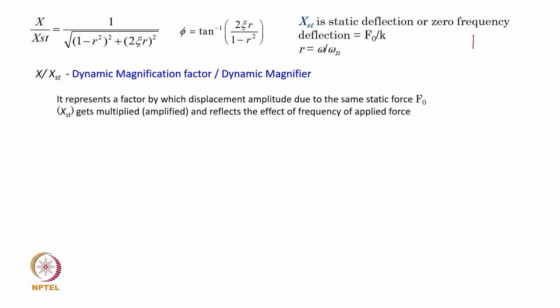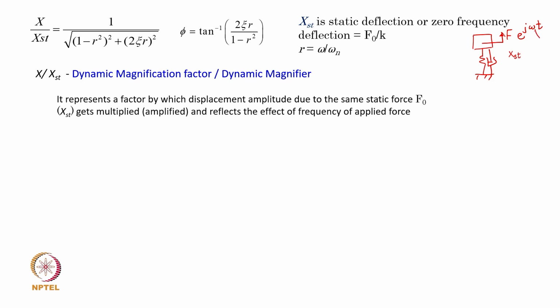Why? Because suppose you have this vibratory system and you are subjecting it to a force which is fluctuating with a frequency omega. If this omega is 0, the corresponding response is going to be xst.